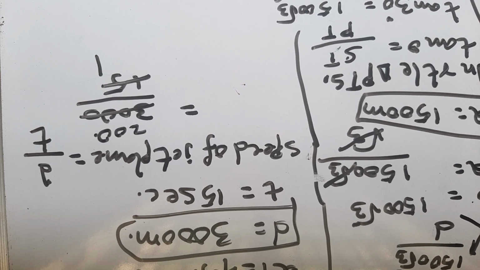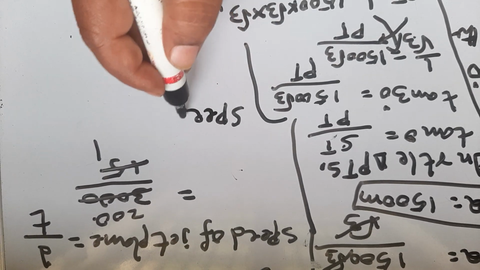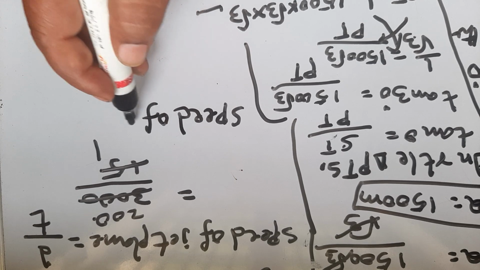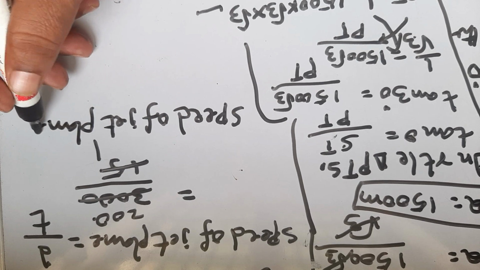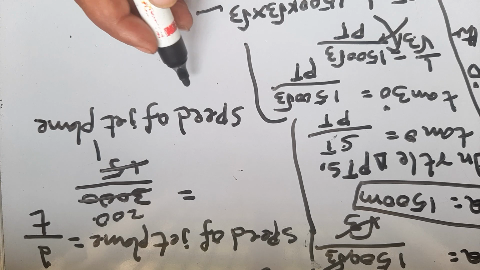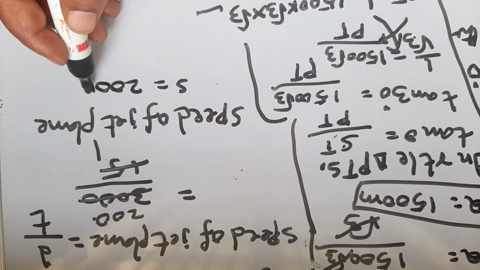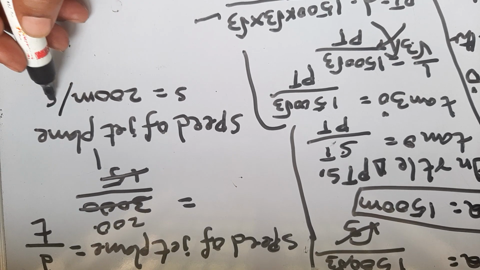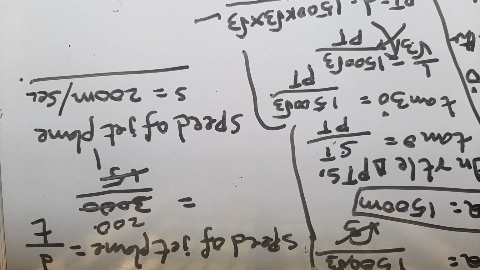So the speed of the jet plane is 200 meters per second. So this is the answer. Thank you.